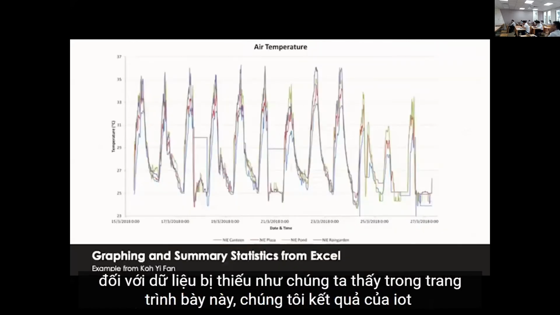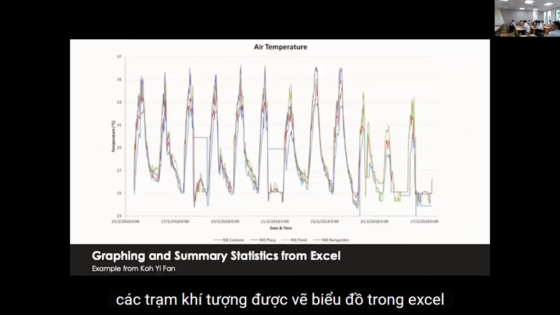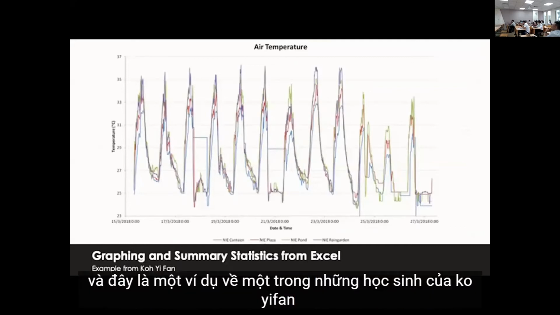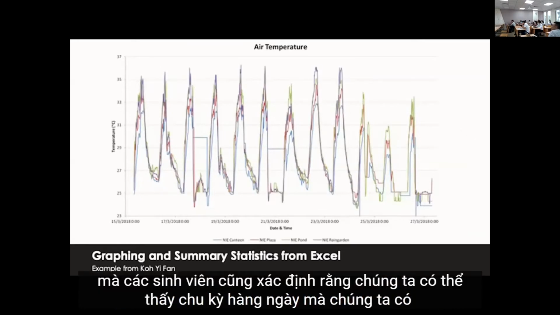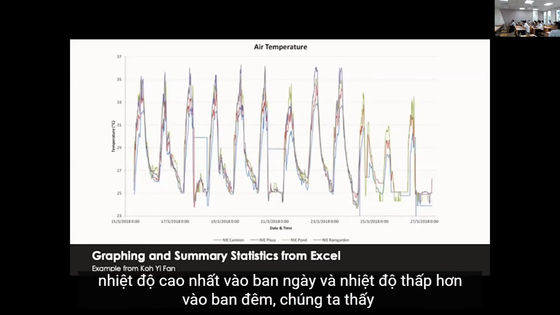As we see in this slide, the results of the IoT meteorologic stations are graphed in Excel. And this is an example of one of the students, Ko Yifan's results. And we can see a number of trends here that the students also identified. We can see the daily cycle where we have peak temperatures in the daytime and lower temperatures at nighttime.